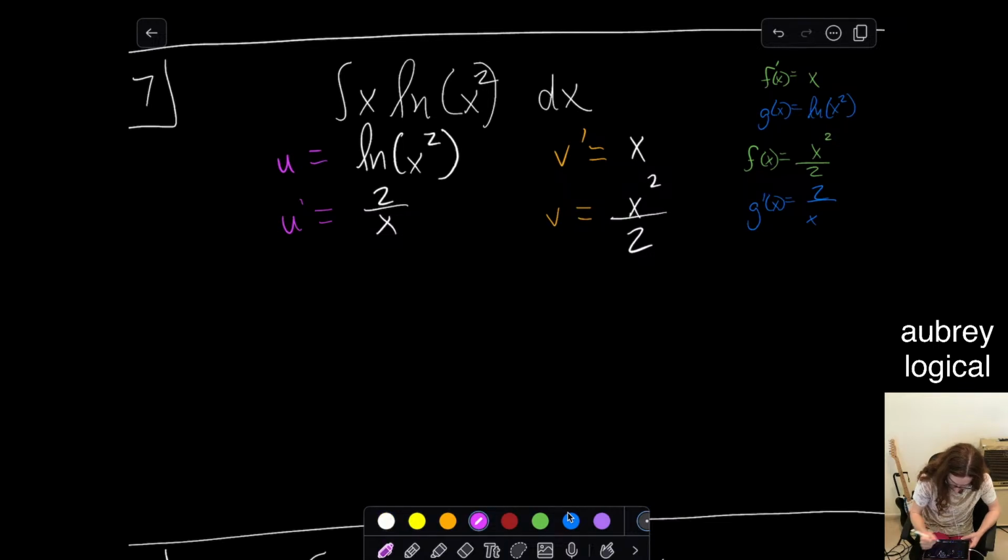So the formula for integration by parts is u times v minus the integral of u prime times v times dx.